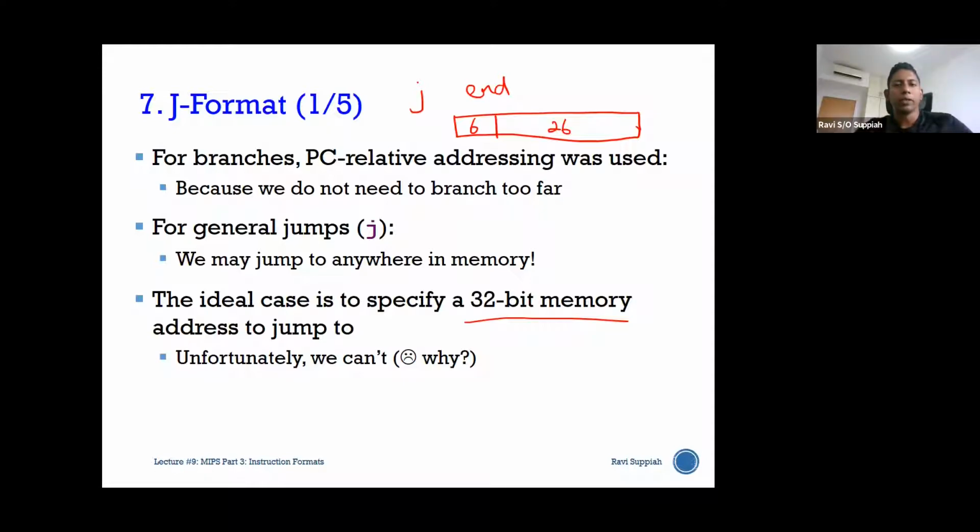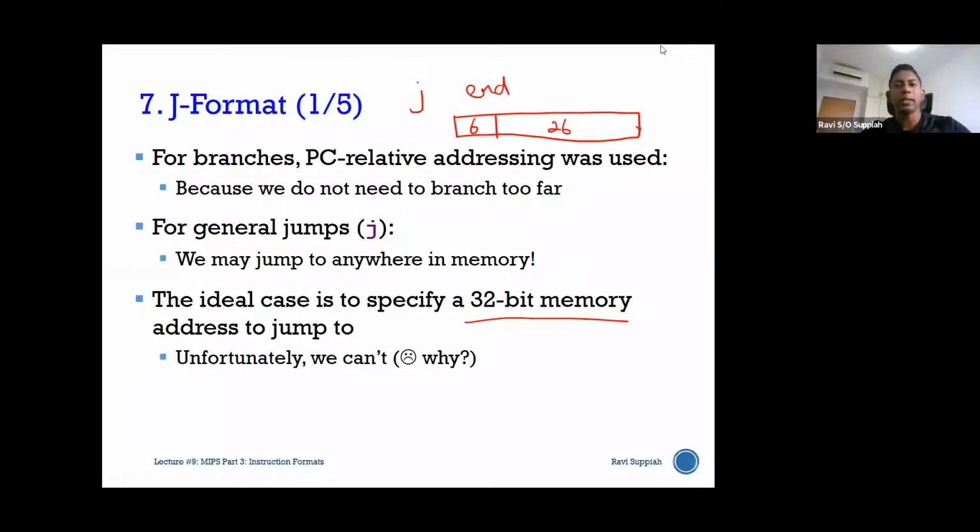For the jump instruction, we basically know that it's an unconditional jump. When we say it is a jump instruction, we are not checking for any condition, unlike branch, where you say branch equal or branch not equal. So for jump instructions, we will jump unconditionally.